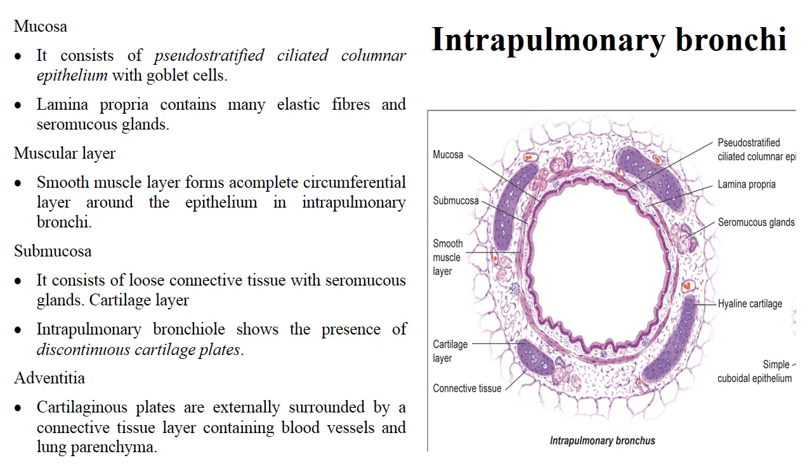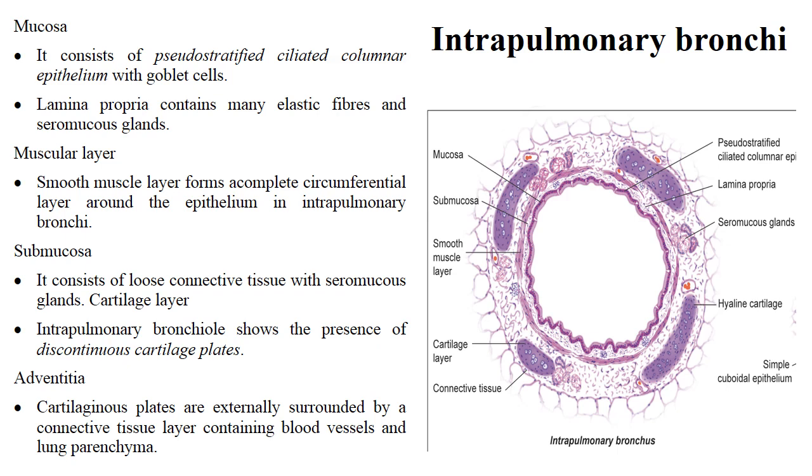The function of this cartilage in the trachea as well as in the bronchus is to prevent collapse of the respiratory passage. It keeps the airway open or patent. After the cartilaginous layer, the outermost layer is adventitia.